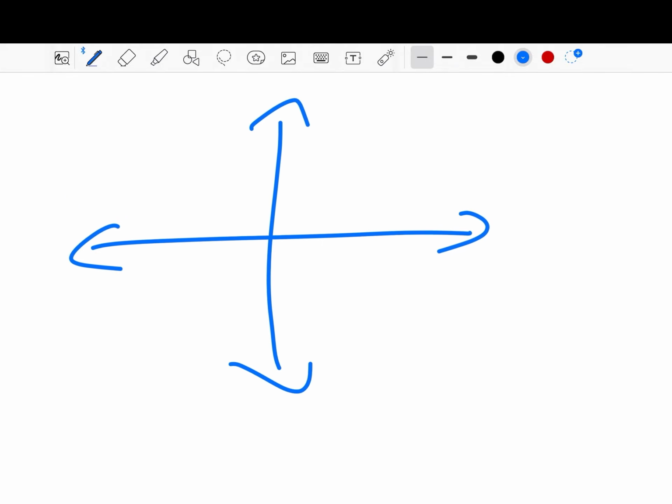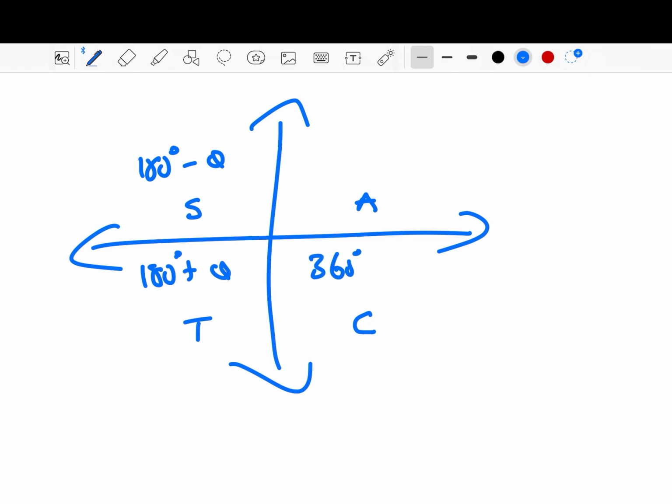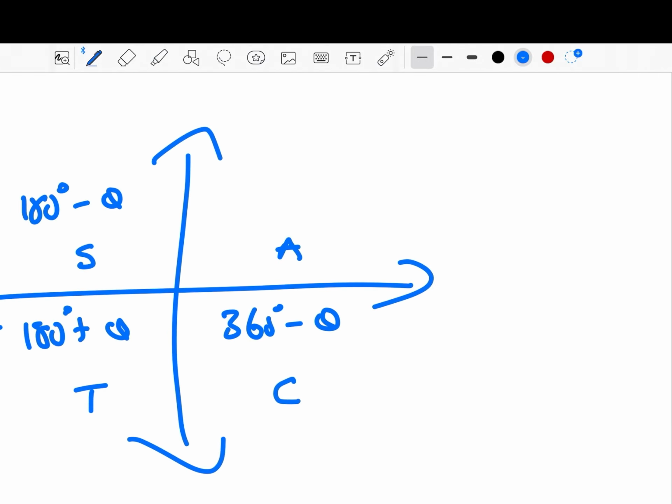You need to know that only cos is positive here, all are positive here, sine is positive here, tan is positive here. You need to know that this is 180 degrees minus theta, and this is 180 degrees plus theta. We're going to use this information later, don't worry about it.